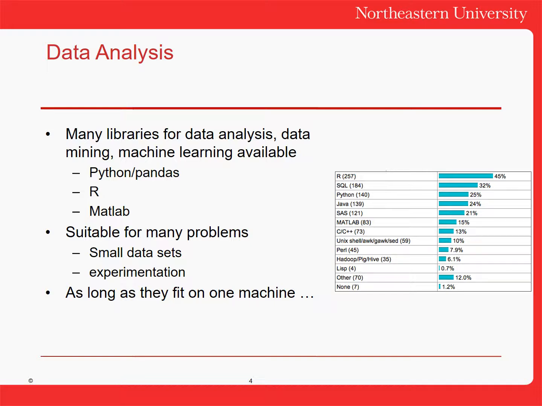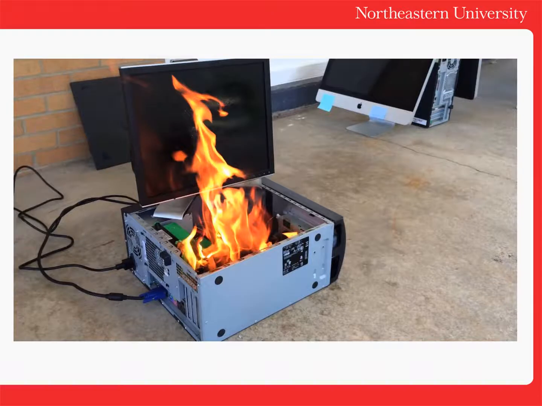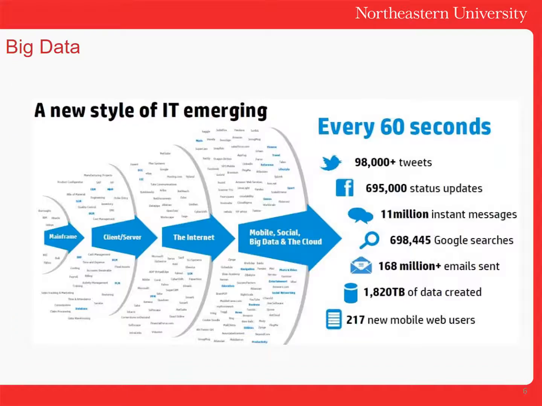If you have a very large amount of data and you're trying to run a Python script or an R script on that, then it's basically going to do nasty things to the memory and the processor, because one machine just isn't enough to fit modern size data sets that need analysis. Some of these are in the terabyte to petabyte range.